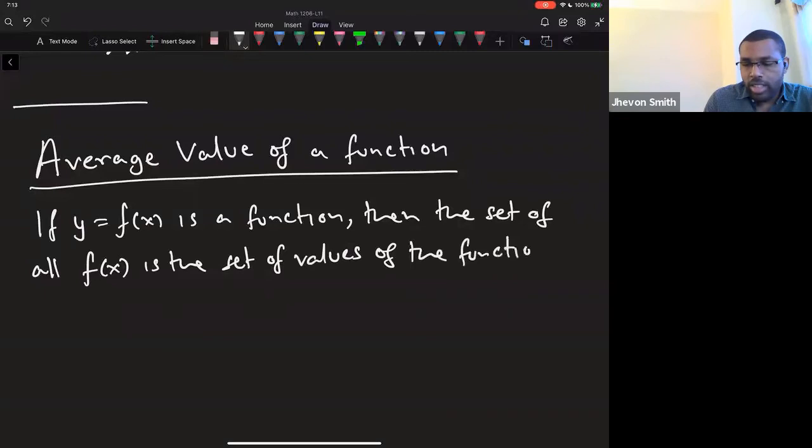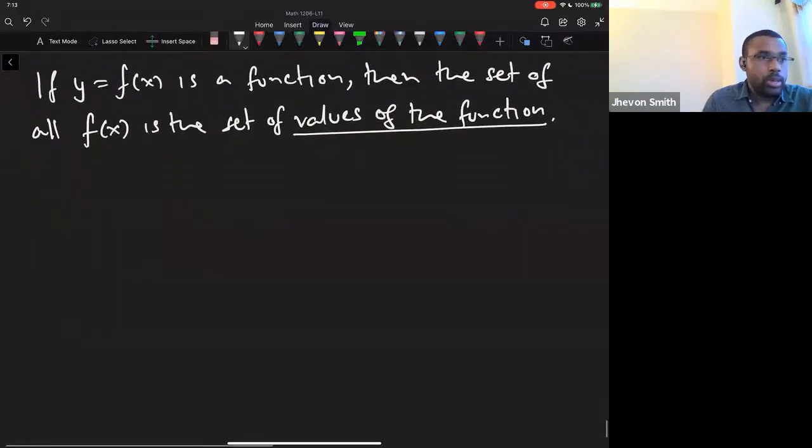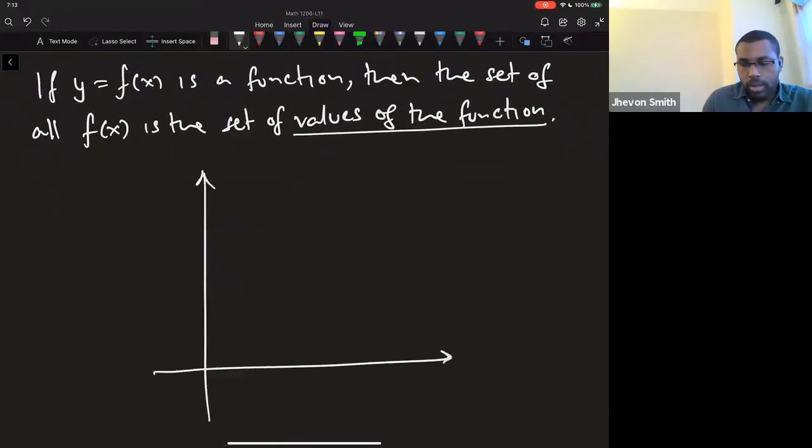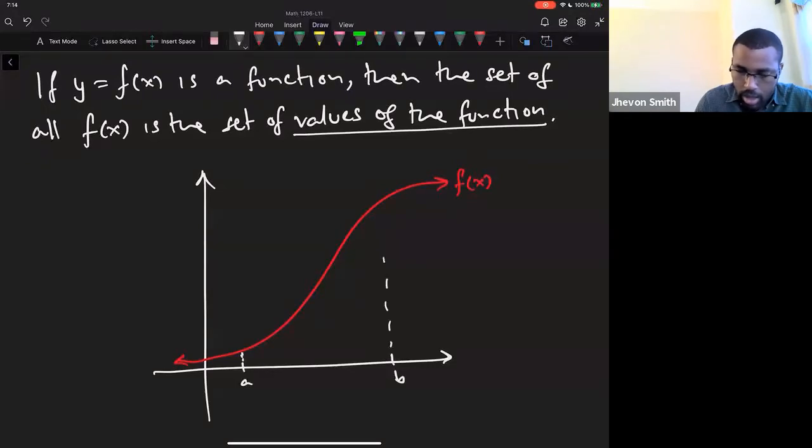Right, so values is just a set of outputs. Okay, so you have a function. Function is just doing its thing, right? So that's your f of x. Let's say you care about on some interval a, b, and all of these guys will give you some values.